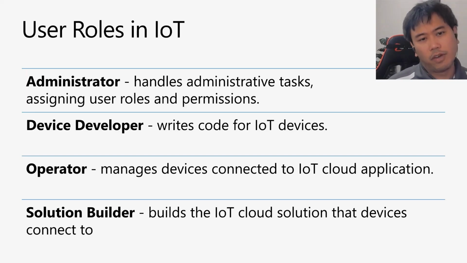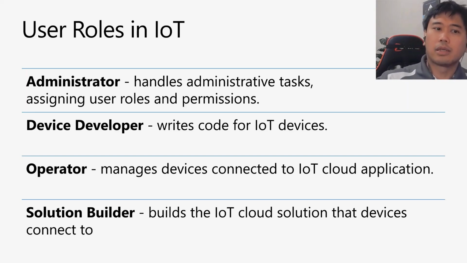developer. A device developer is the one who writes the code for the IoT devices. Of course, there are software updates that might be needed, or if you have a third party that you are integrating with your Internet of Things systems, there may be some updates.